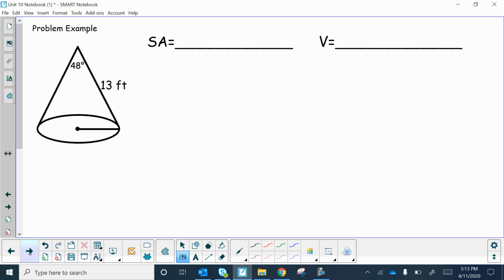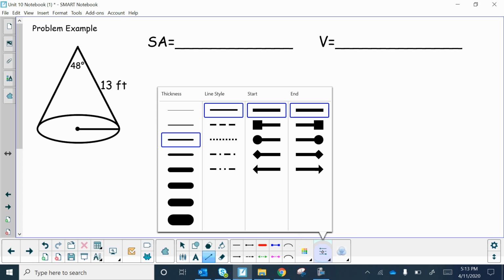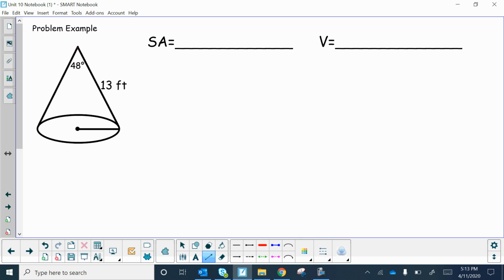So here we have a cone, and we have to find the surface area and the volume. I don't know the radius, and I don't know the height, so those are two things I have to solve for. If I draw in the height, I'm going to go from there to there. So there's my height.